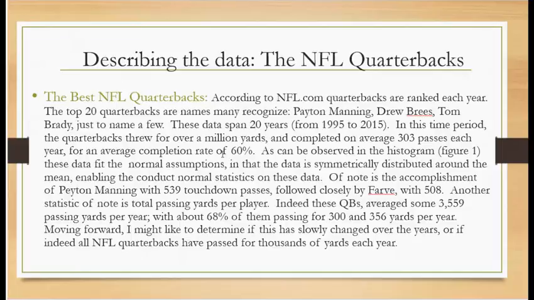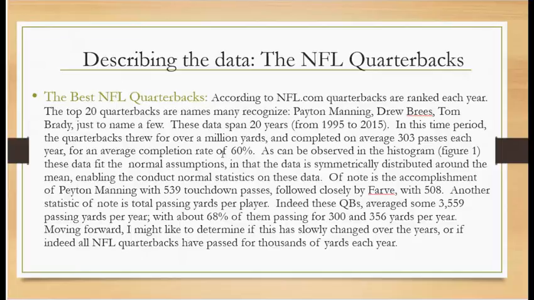As can be observed from the histogram, which is figure 1, I'll show you that in a second, these data fit the normal assumptions in that the data is symmetrically distributed around the mean, enabling the conduct of normal statistics on these data. Of note is the accomplishment of Peyton Manning with his 539 touchdown passes, closely followed by Brett Favre with 508.